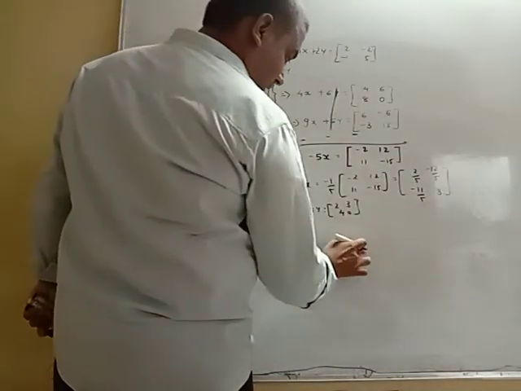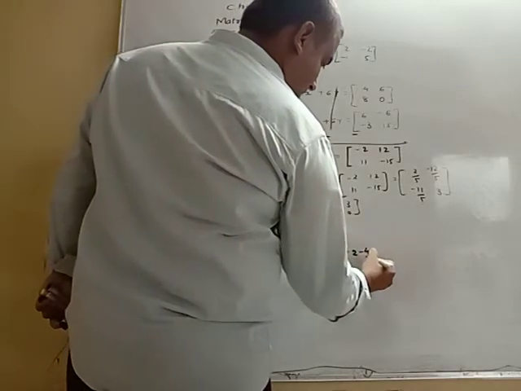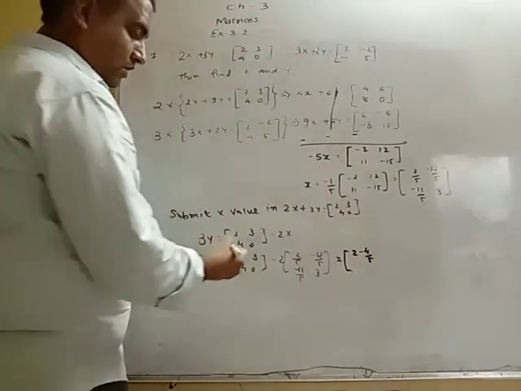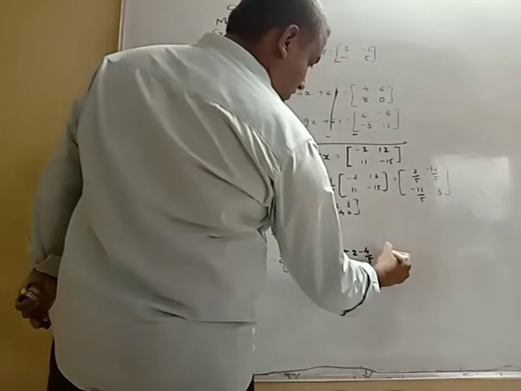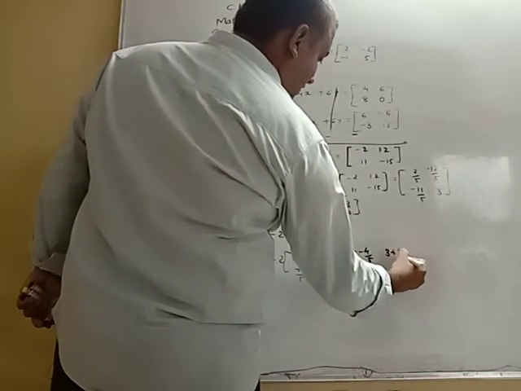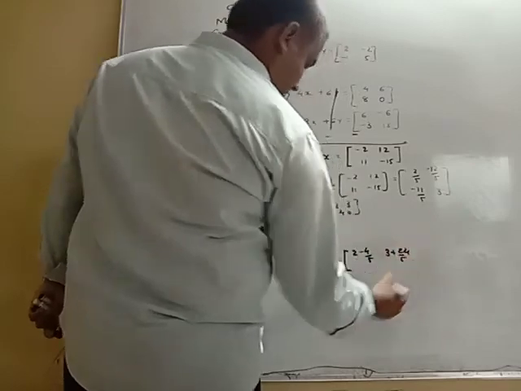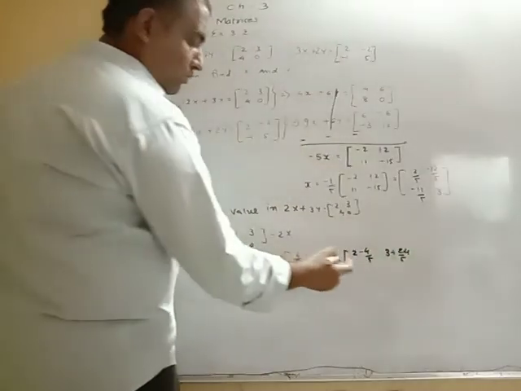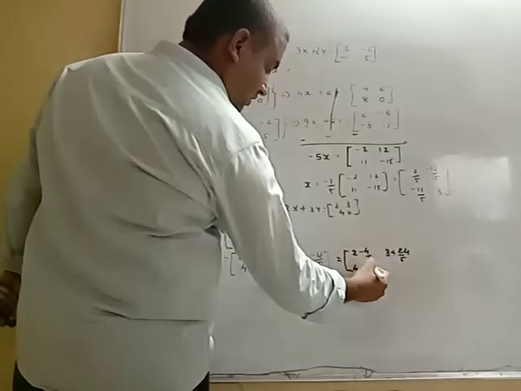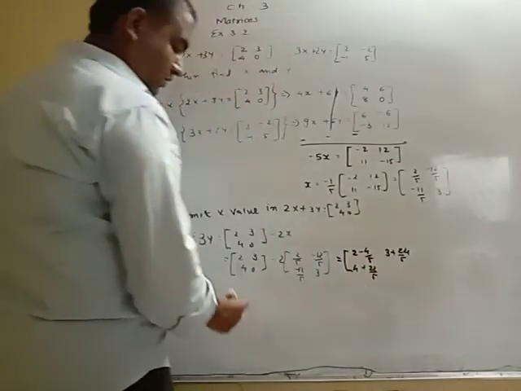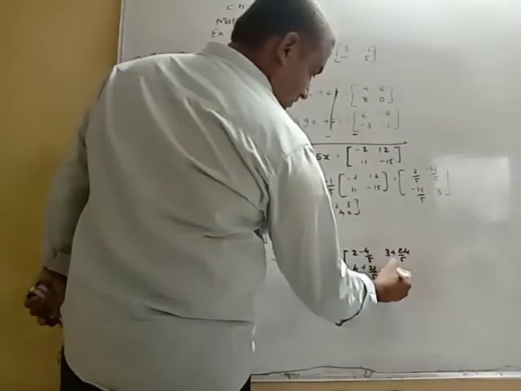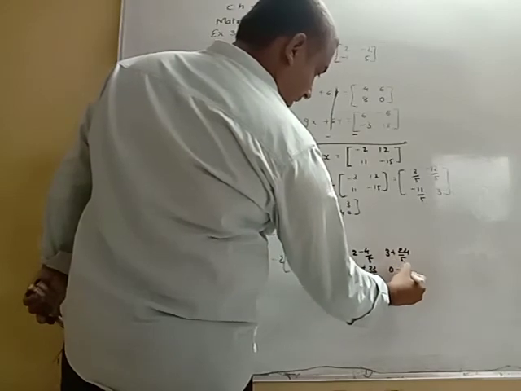So 2 minus 4 by 5. 3 minus minus plus, so 3 plus 12 by 5, so 24 by 5. 4 plus 22 by 5 and 0 minus 6.